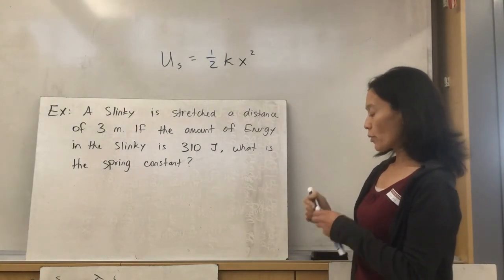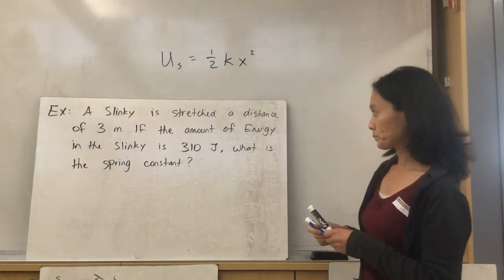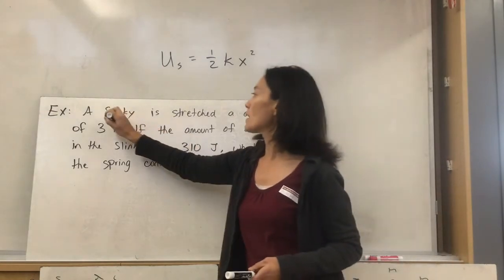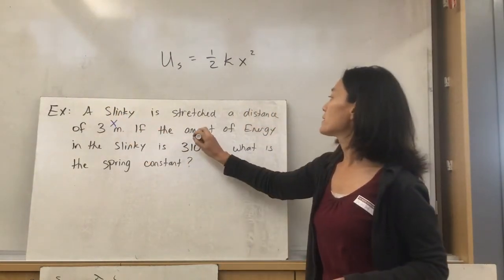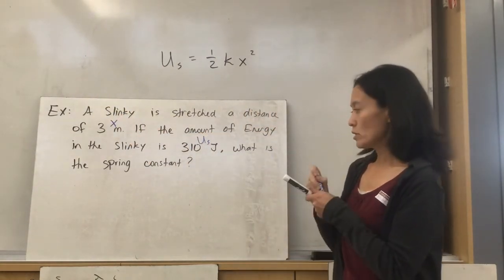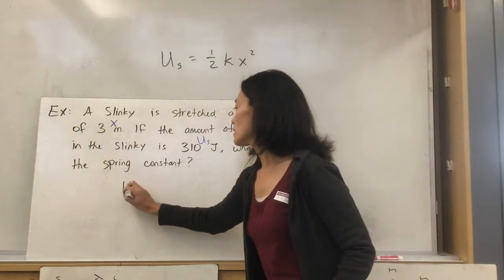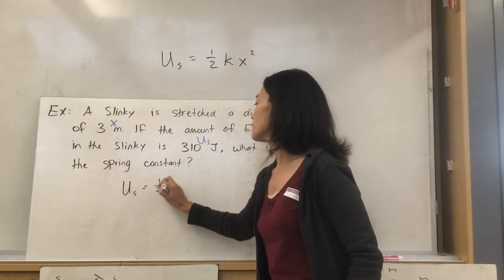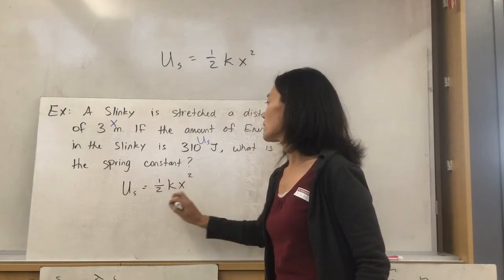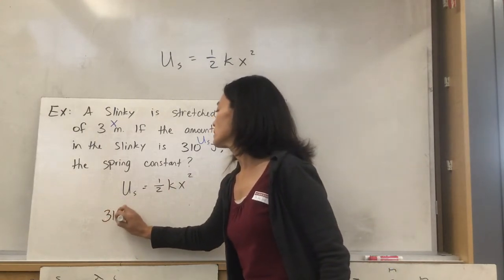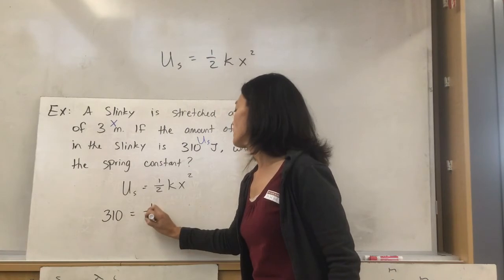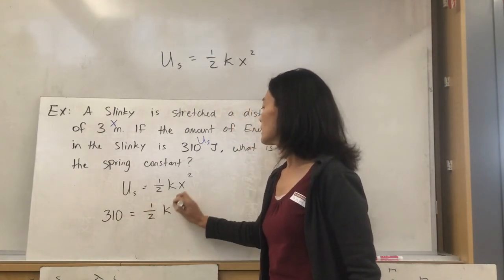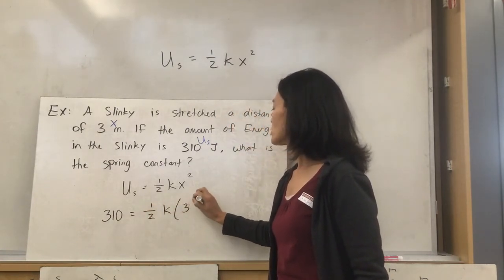So pretty straightforward in this case. This is my x value, and this is my spring energy value. So when I plug in my values, US is equal to 1/2 kx squared, I've got 310 is equal to 1/2 k times my 3 meters squared.